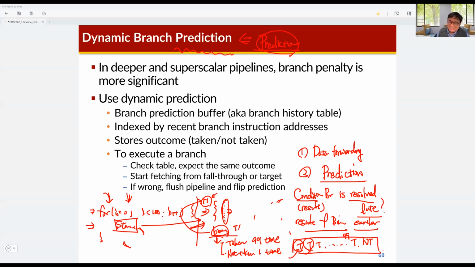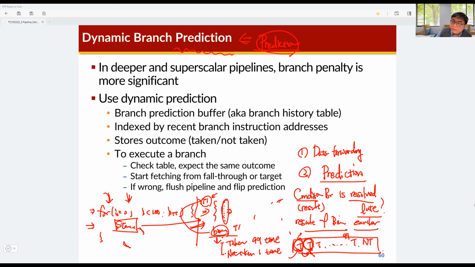Okay, so for this kind of branch instruction, if the former branch result is taken, then the very next result of the branch instruction can be taken with a high probability.